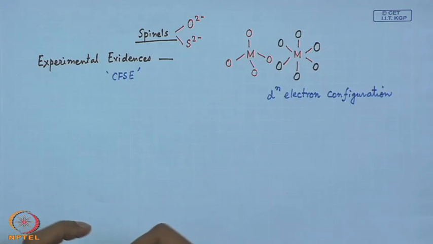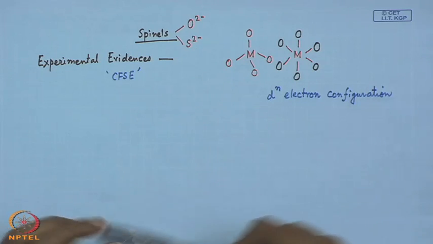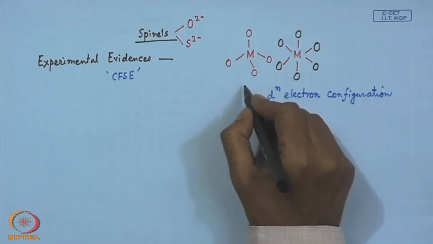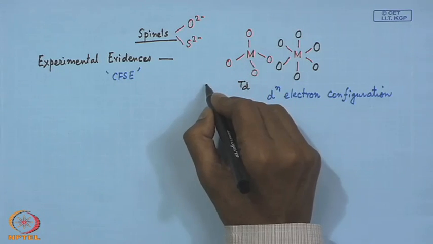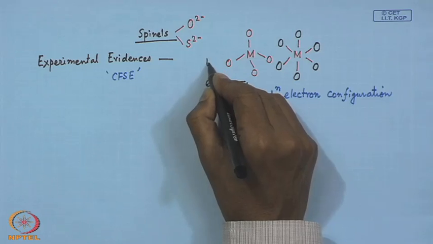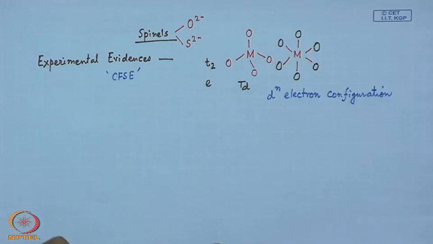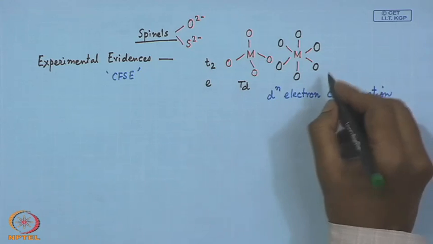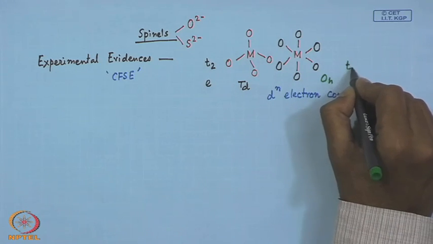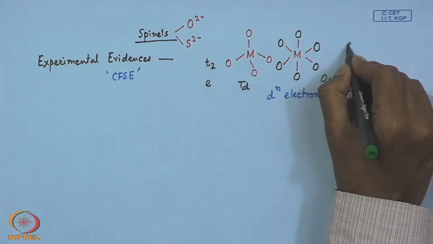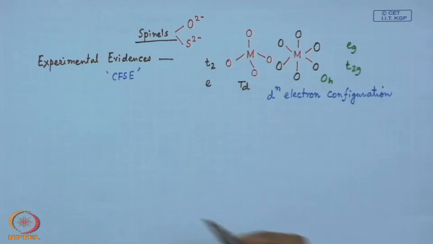Based on that we can have the preferential occupation of the different levels. In case of Td, we can have the E level as well as the T2 level, and in case of the corresponding octahedral geometry, we can have the T2g level and the Eg level.